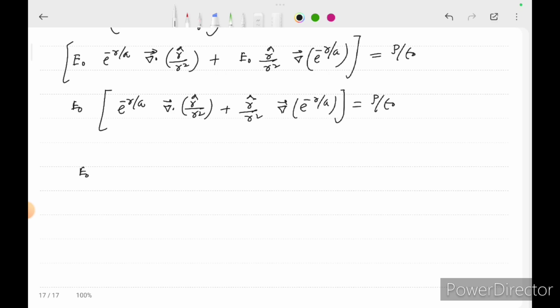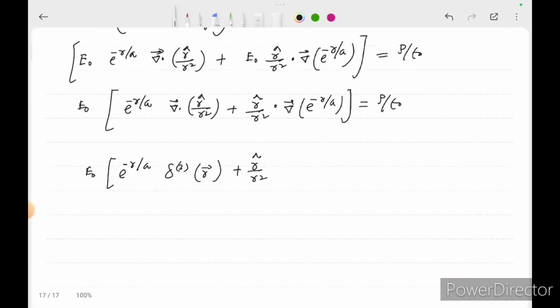So that is e to the power minus r upon a times the divergence of r cap upon r square, which in the 3-dimensional case is 4 pi delta cube r. When you solve the gradient, that is r cap times del by del r of e to the power minus r upon a, equal to rho upon epsilon naught.